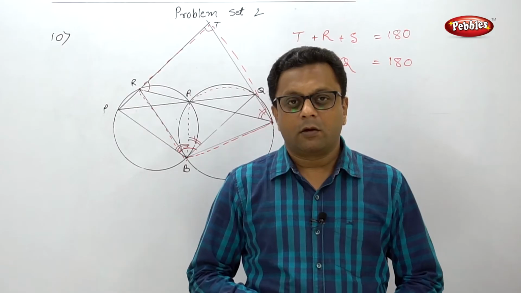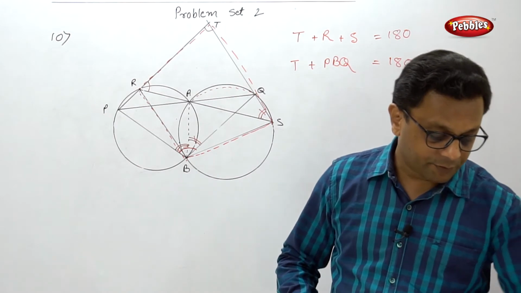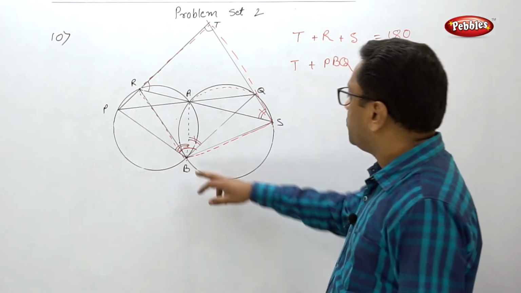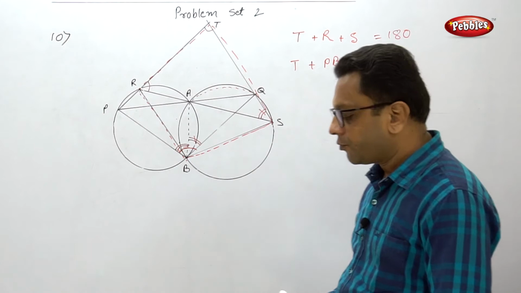Okay, let us prove the second part of the problem, that is, prove that BSTR is a cyclic quadrilateral. I am using a different color pen here.